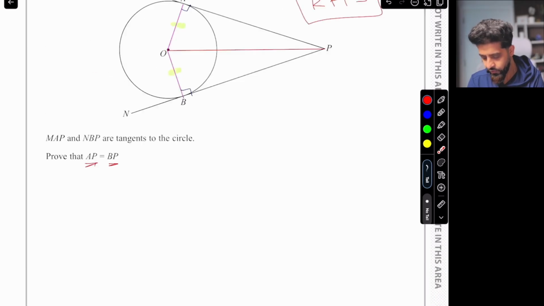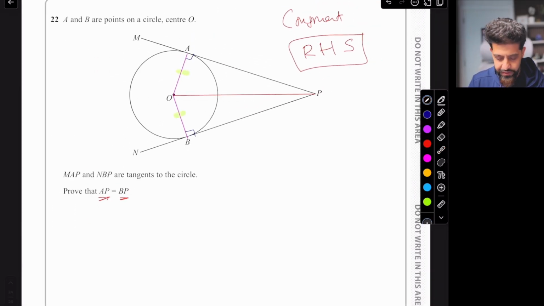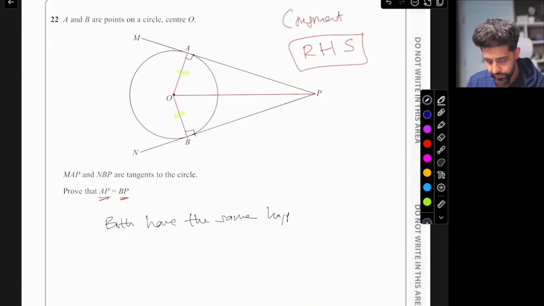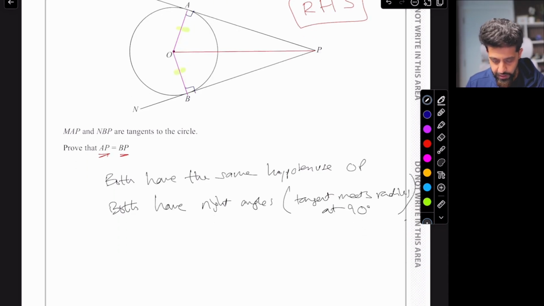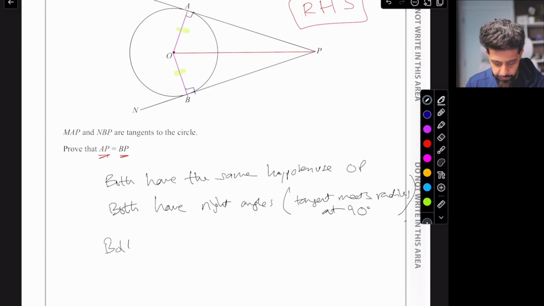Now, how many marks is this? 4 marks. So we should really state those things. We should say, for example, both have the same hypotenuse, which is OP. Both have right angles because a tangent meets a radius at 90 degrees, and both have the same radius.